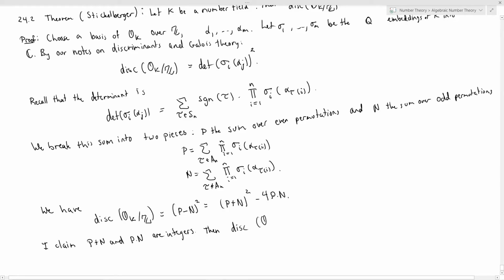Then the discriminant of O_K over Z is a square mod 4, and you can check really quickly that squares are only 1 or 0 mod 4, thus it's congruent to 1 or 0 mod 4.